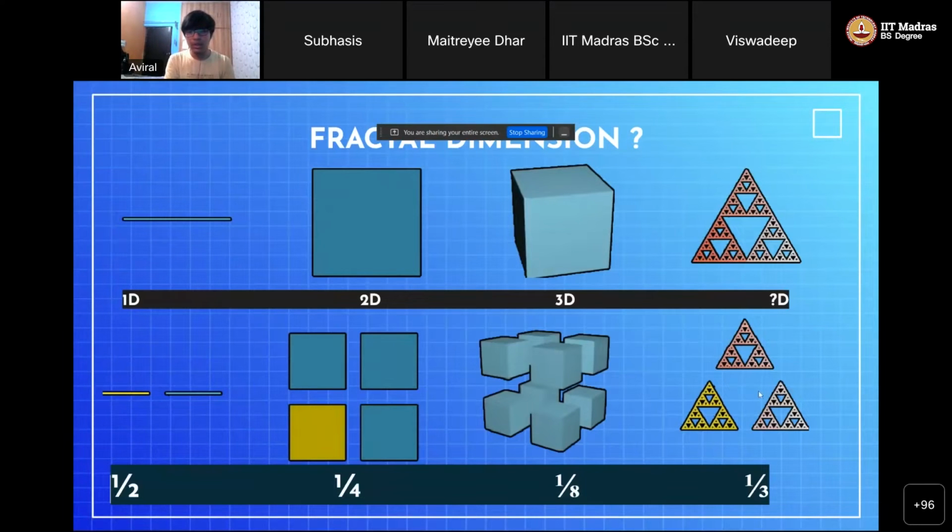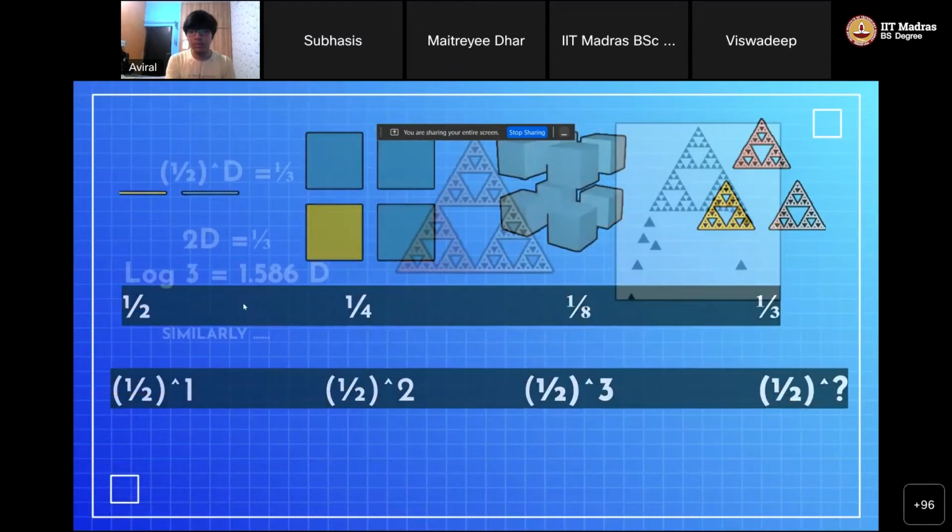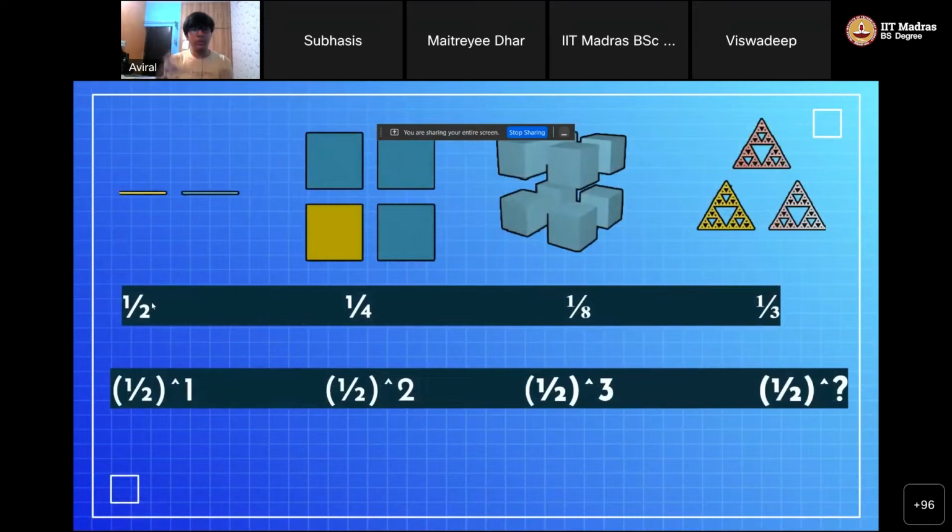If I try to generalize the concept of dimension, it's going to look like this. If I use the half as a scaling factor, to the power 1, then if the power is 1, it's 1D. If the power is 2, it's 2D, and if it's 3, it's three-dimensional space.